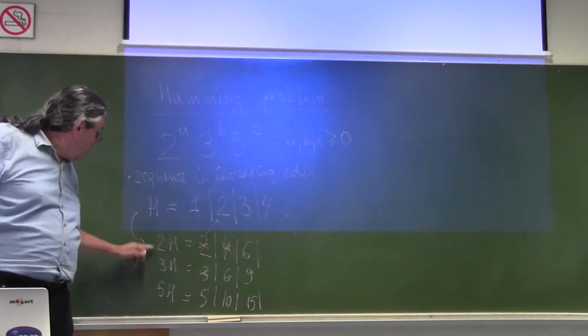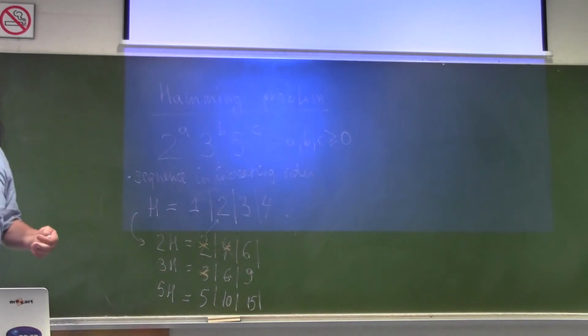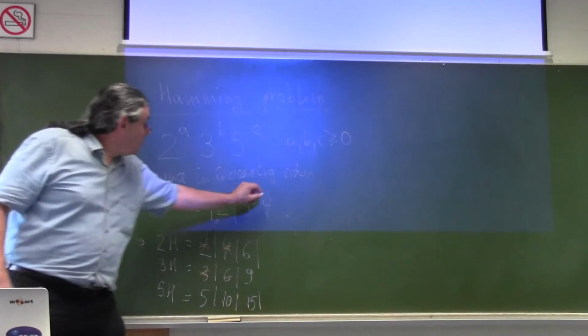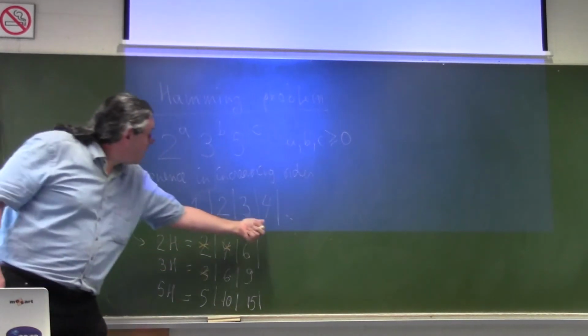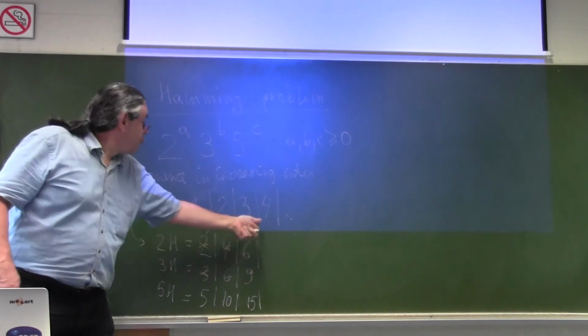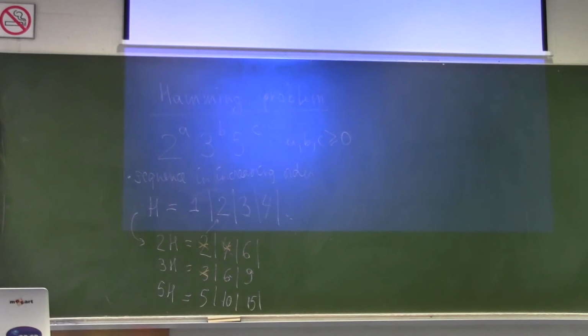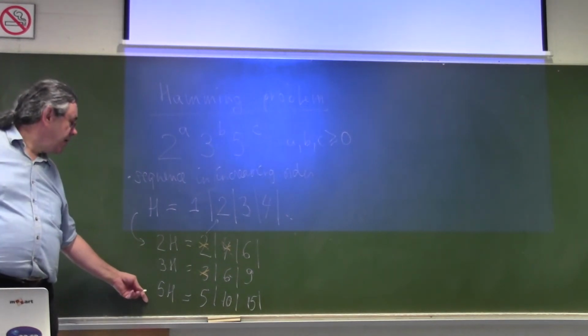So the smallest of these three will be the next element, because it has to be one of these. The next element that's not written yet is always going to be either 2 times the previous element, or 3 or 5 times the previous element. So this is actually a proof that this is a correct algorithm.